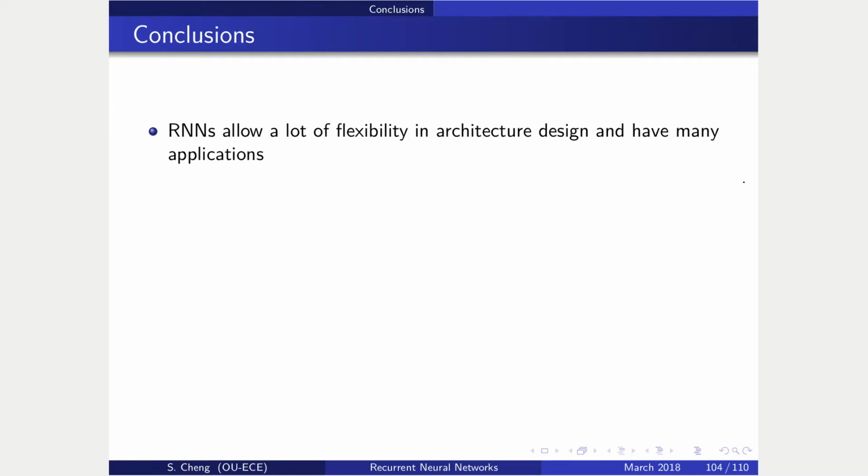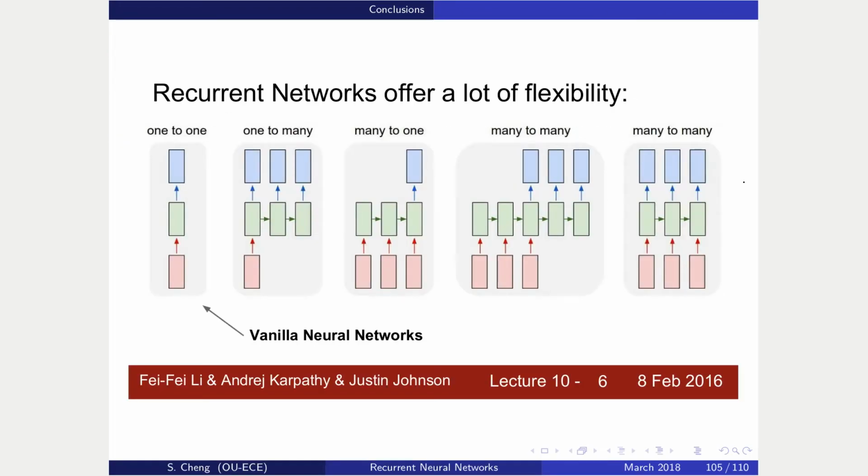So that's some conclusion on what we talked about last class and also part of this class on RNN. And actually this is a very good slide just to summarize applications of RNN.